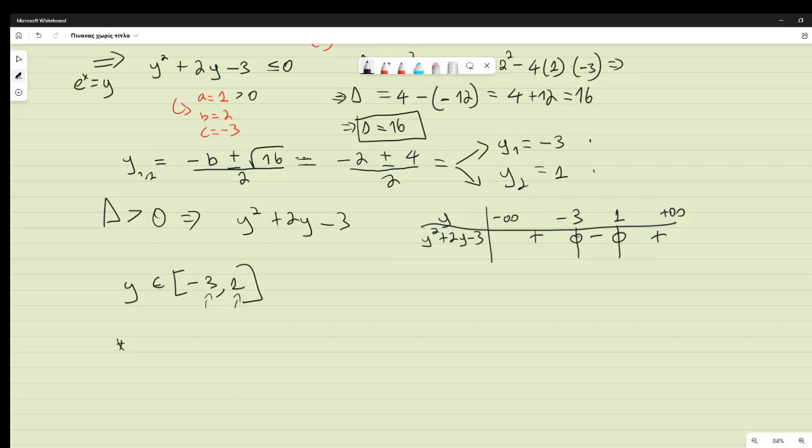So the star inequality will exist if y belongs to minus 3, 1. We have said that y is equal to e to the power of x, so we do the original replacement again.